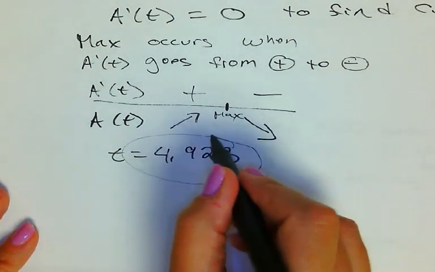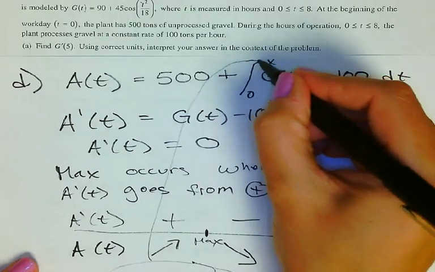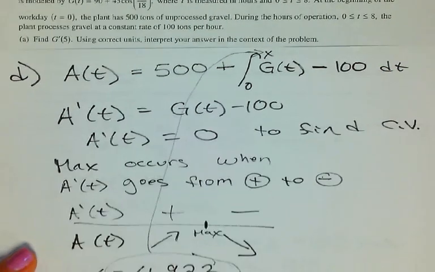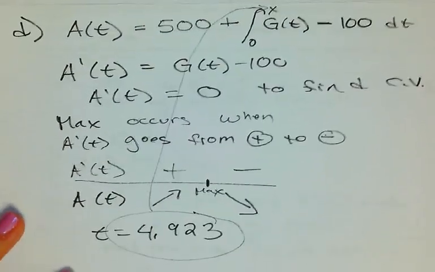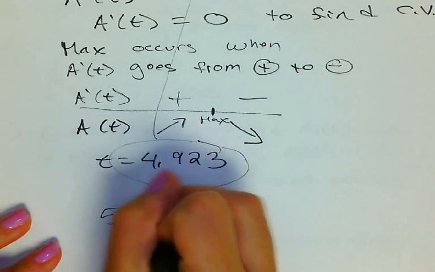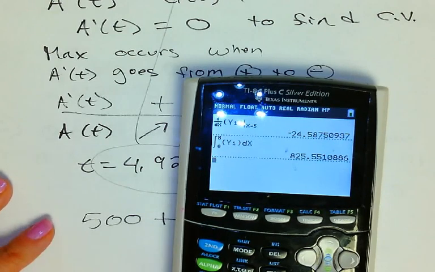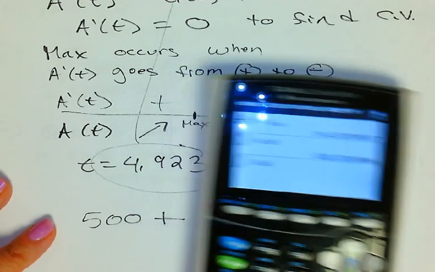So you need to take this 4.9 and go back and plug it in up there. Your calculator can help you with that, so you're going to have something like 500 plus, and when you plug that 4.9 in, it's going to be a math 9 again.